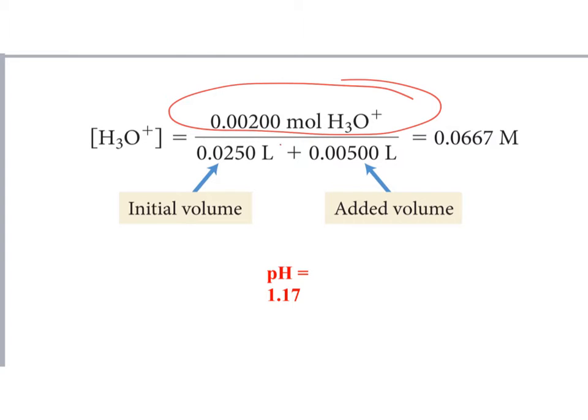We know our initial volume from the problem is 0.0250 liters, but we also know that we added 0.00500 liters of NaOH, right? And so our new concentration of H3O plus is 0.0667, and we can convert that to a pH.